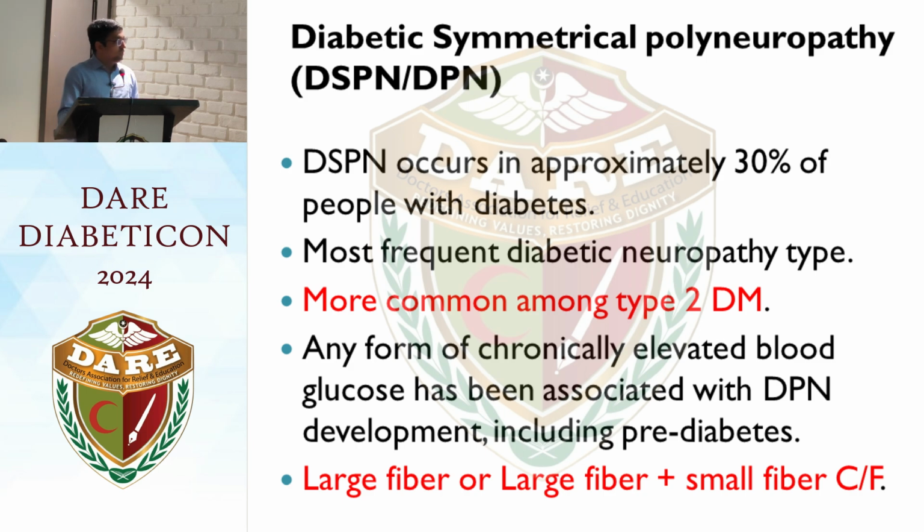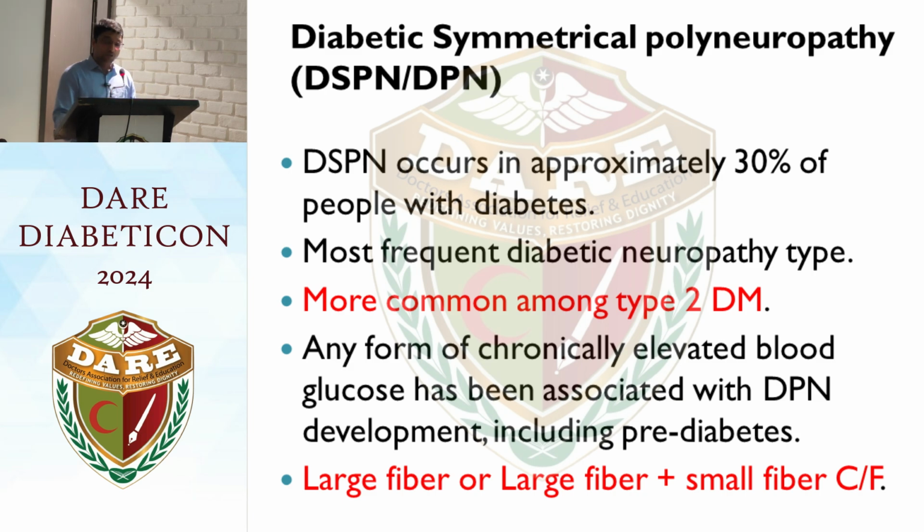The small fiber neuropathy, as we earlier discussed, specifically affects the type C unmyelinated fibers as well as A delta thinly myelinated fibers. It can cause both somatic as well as autonomic symptoms, but as we know, there is a separate category, diabetic autonomic neuropathy. So the small fiber neuropathy per se covers the somatic symptoms originating from this small fiber involvement.